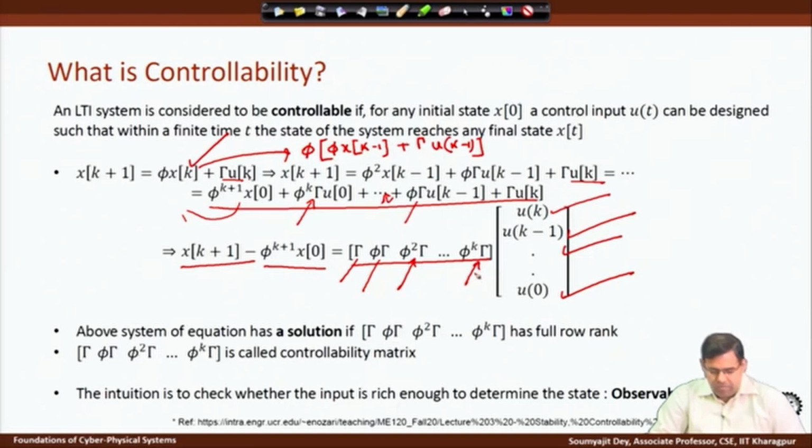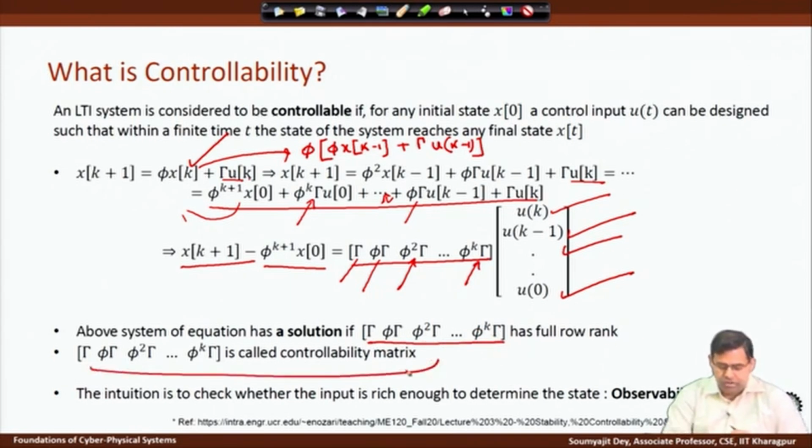So, this is the representation, and if you see what this really means, if this matrix has a full rank, that would mean that you can really design this system of u's, from u0 to uk, and this really would make a set of possible solutions for x k plus 1, right. So, that is why we will say that this system has a solution if this matrix, starting from gamma to phi to the power k gamma, has a full rank, and that is why this is called the controllability matrix.